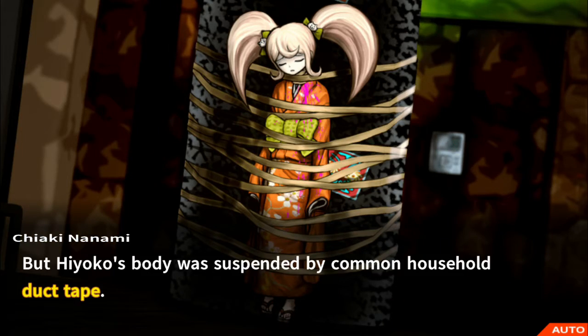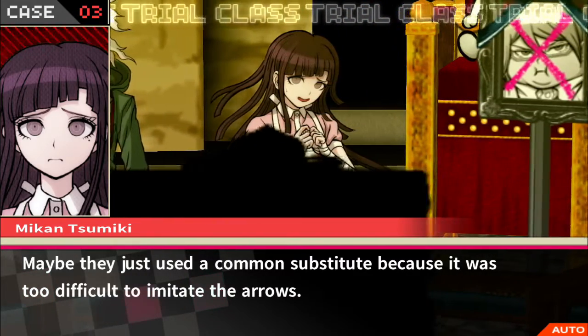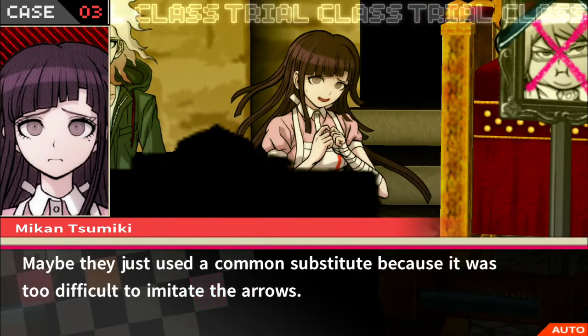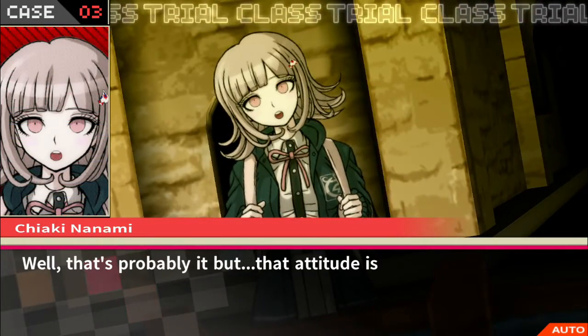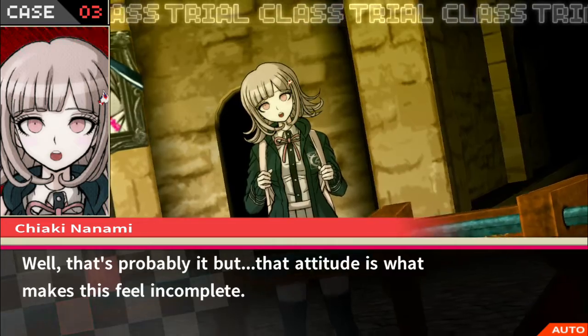But Hiyoko's body was suspended by common household duct tape. Yeah. Maybe they just used a common substitute because it was too difficult to imitate the arrows. Well, that might probably be it, but that attitude is what makes this feel incomplete.